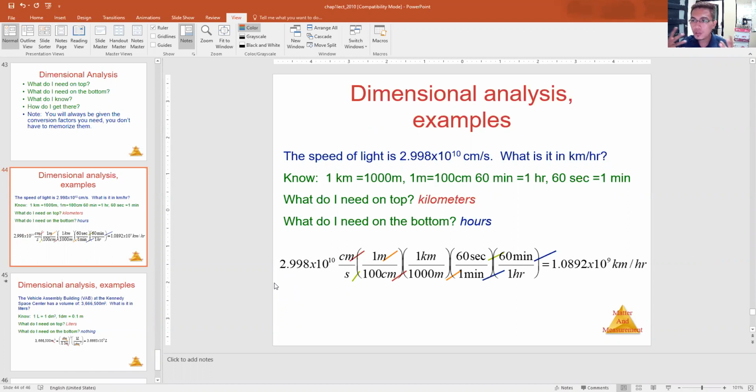Those are the unit conversions we need to convert centimeters per second to kilometers per hour. Using the cancellation of numerator and denominator, we come up with 1.0892 times 10 raised to 9 kilometers per hour, using our basic conversion relationships.